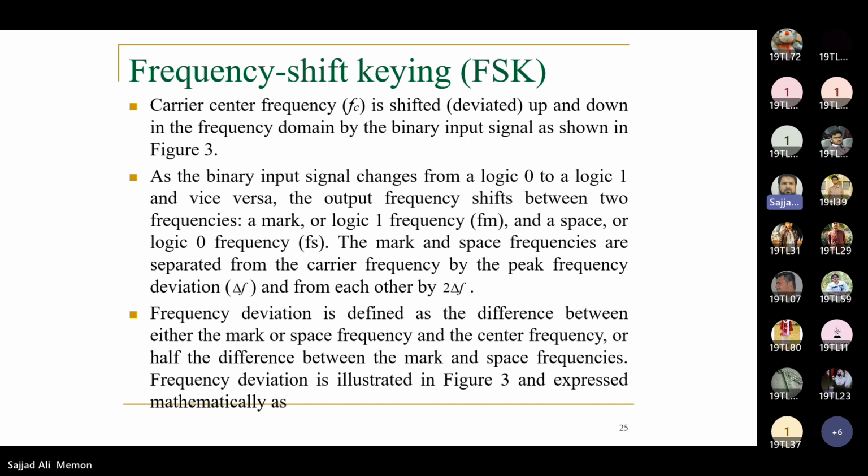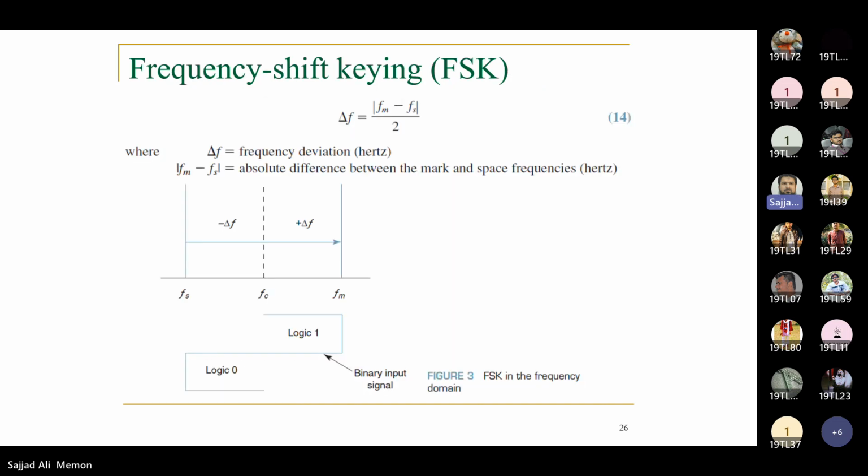Frequency deviation is defined as the difference between either the mark or space frequency and the center frequency, or half the difference between the mark and space frequencies. The frequency deviation is listed in figure 3 and expressed mathematically as, delta f is the difference between the two frequencies, mark and space, divided by 2.